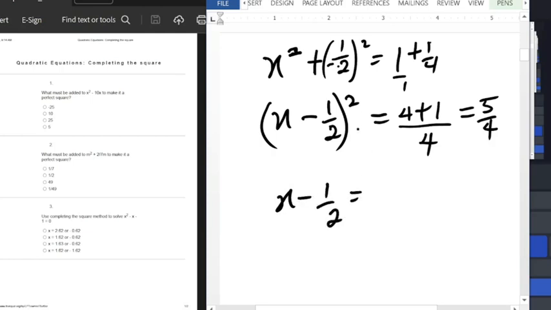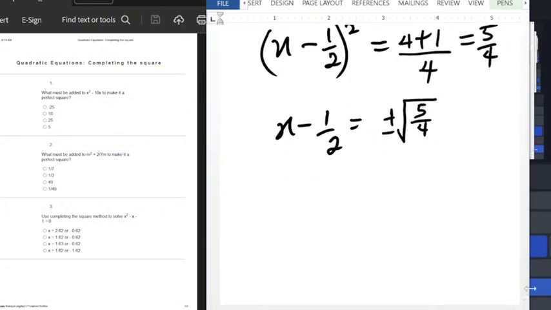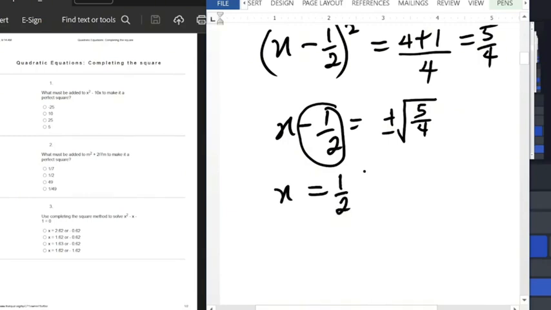We take the square root of both sides, so that this becomes plus or minus square root 5 over 2. The minus half here we take to the other side, and it becomes plus. So x equals plus or minus square root 5 over 2, plus a half. I hope I'm making sense.